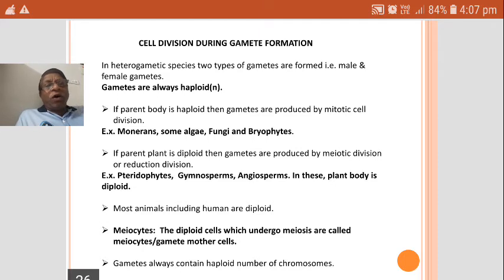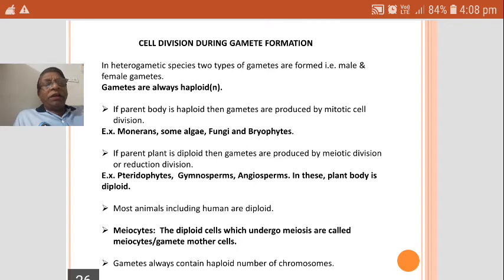The sex organ in bryophytes, as you know, is antheridia, the male sex organ. Archegonia, the female sex organ. Okay. The plant body is haploid.